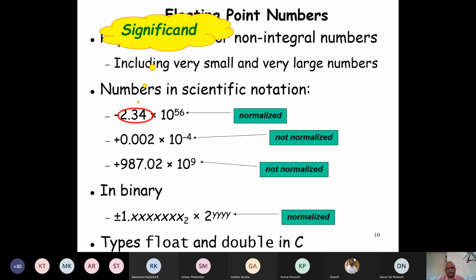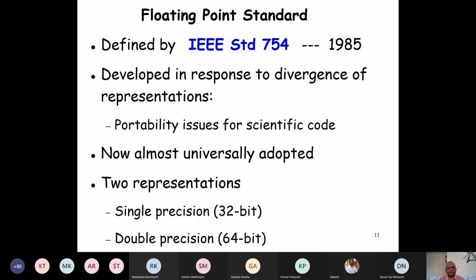So we will discuss the representation of normalized binary numbers in computers, and this is defined by the IEEE standard 754 in 1985.